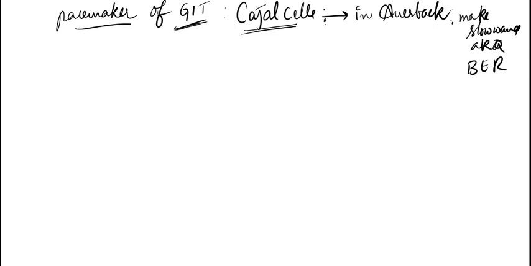What is meant by BER? Basal electrical rhythm. These Cajal cells present in Auerbach's plexus initiate slow waves, also known as basal electrical rhythm.